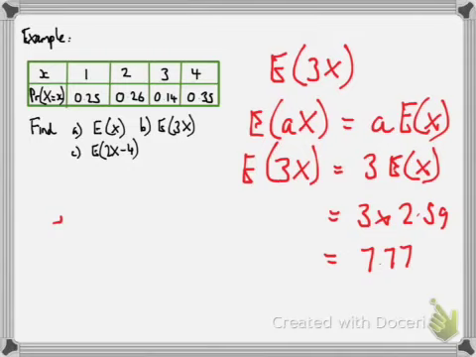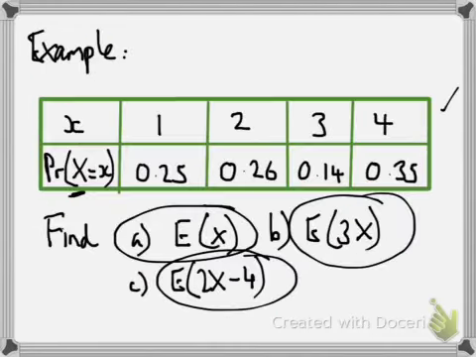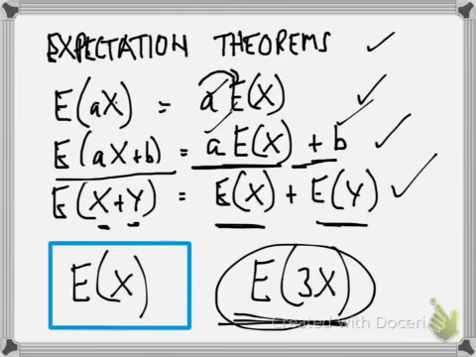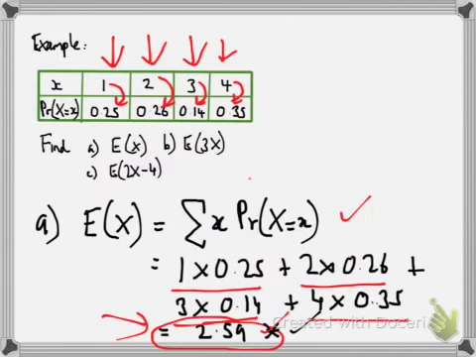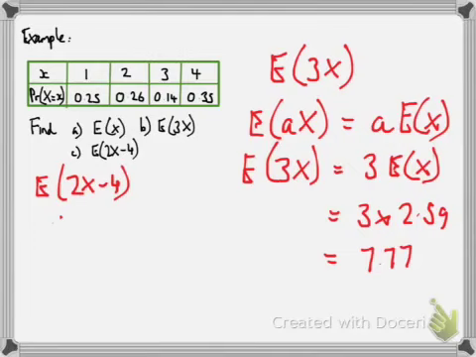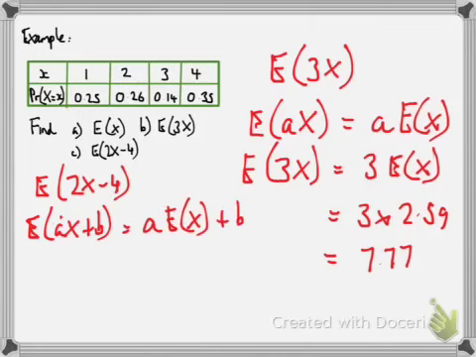Now our next example here, which is part C, expected value of 2x minus 4. Now, on that first slide once again, let's go back to it. I referred to this rule here. Let's highlight it, that one there. Okay, so let's write that down. The rule says the expected value of ax plus b equals a times the expected value of x plus b.